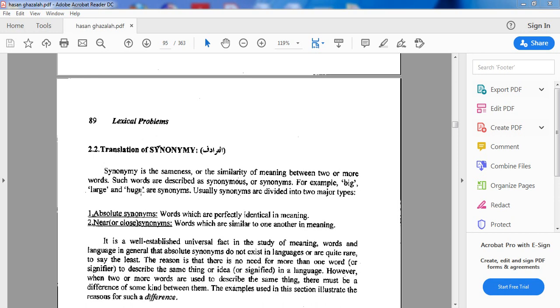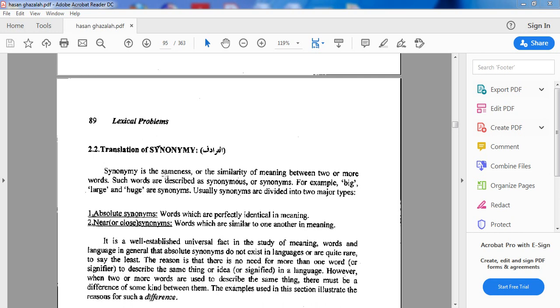And actually, even the word same here is hard to say, because most linguists would say that we don't have two words in English or in any language with 100% identical meanings. There must be a difference of some sort in meaning between the two words, or maybe more than two words.